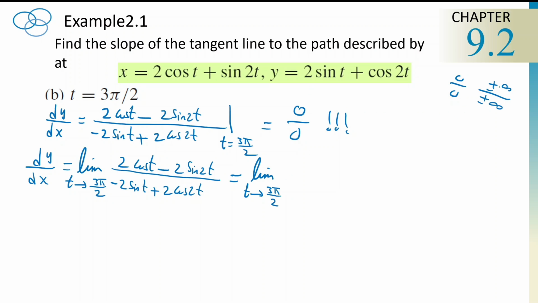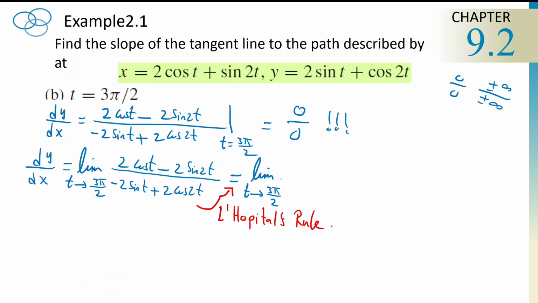If it's still 0 over 0 or infinity over infinity, you can apply L'Hopital's rule one more time. If you have an answer, that's it, you stop. So here I'll use L'Hopital's rule in this step, from this equality. It's a French mathematician. The H is silent.